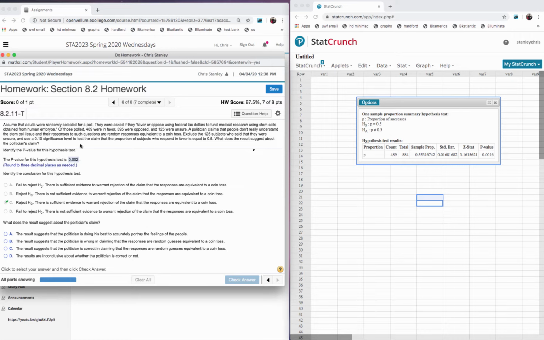They were randomly selected. So it's either going to be B or C. I'm looking at the claim now, up here in the problem.